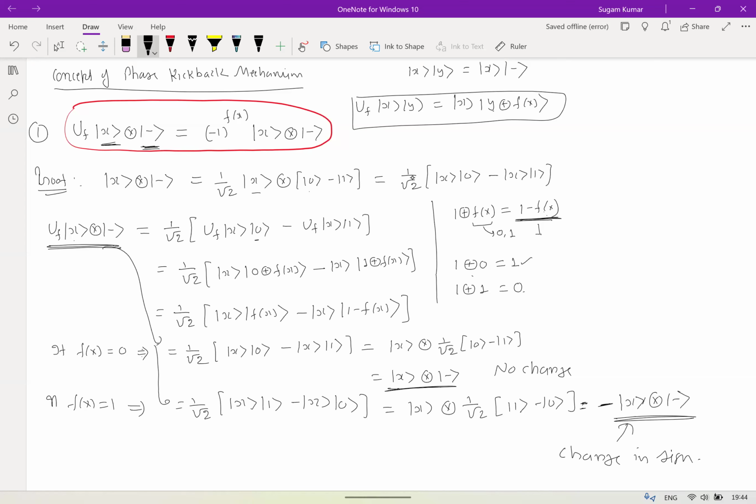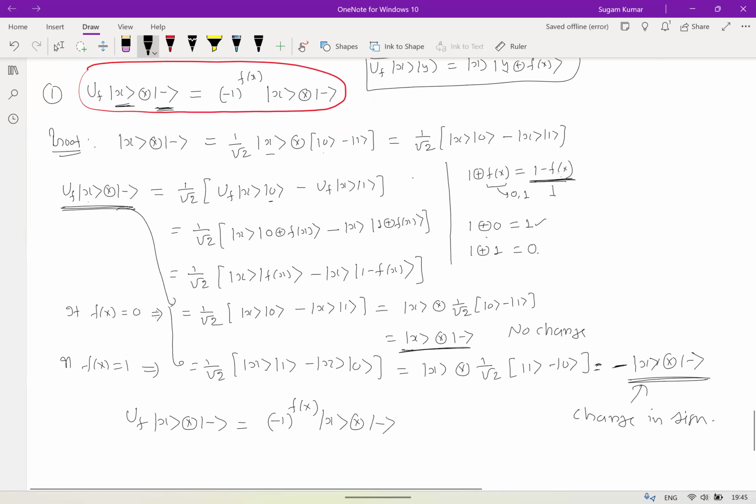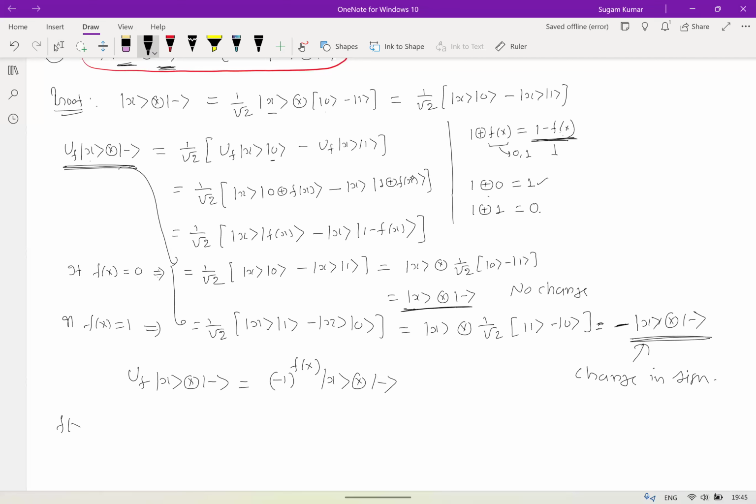It means when I'm writing this equation, UF acting on x tensor product negative, I can write it this way: minus 1 power fx into x tensor product negative. There is nothing wrong in this, because you can see here, if fx is 0, then this is going to become simply x negative.